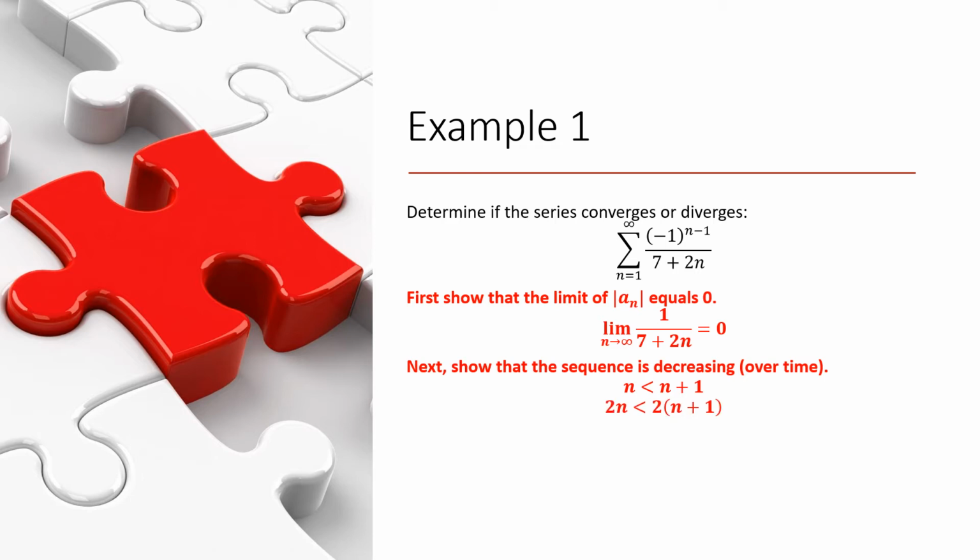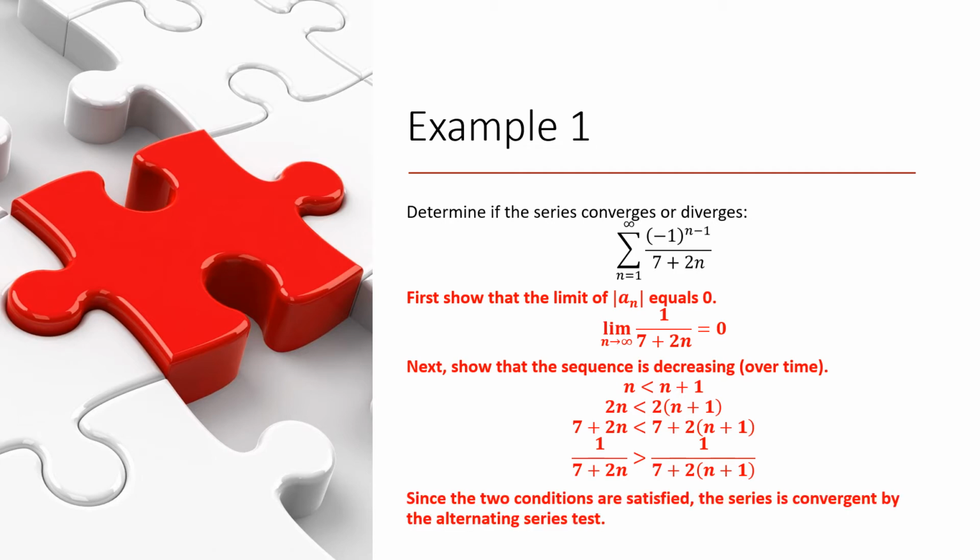So I have 2n is less than 2n plus 1. 7 plus 2n is less than 7 plus 2n plus 1. And then when I flip it to a fraction, I get 1 over 7 plus 2n is greater than 1 over 7 plus 2n plus 1. And so that tells me that this series is decreasing. And since those two conditions are met, I know the series is convergent by the alternating series test.